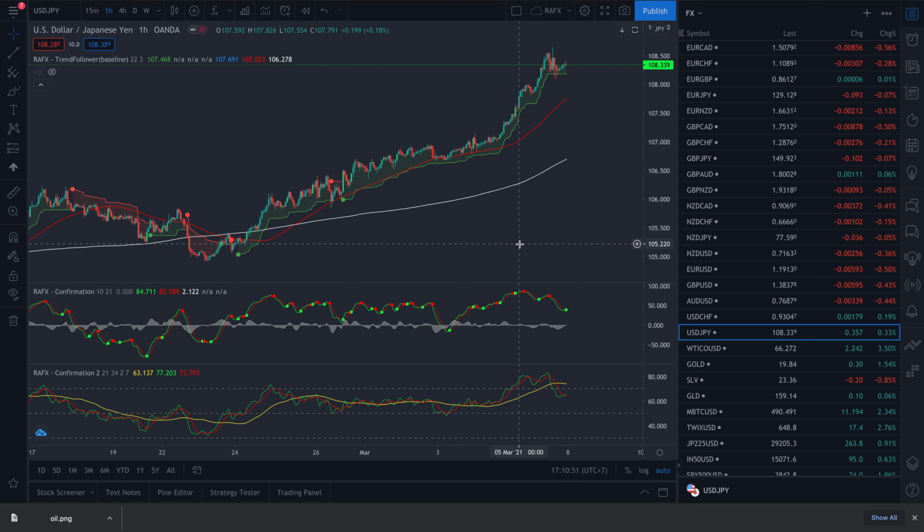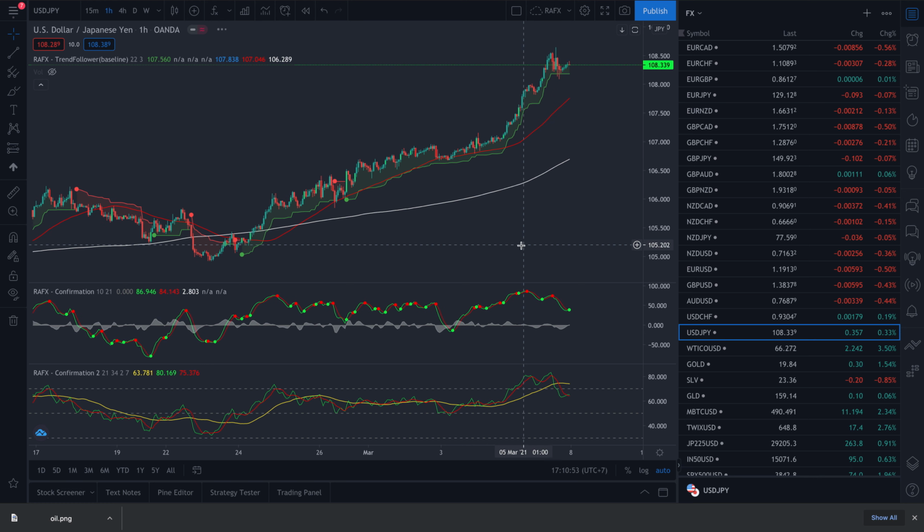But in here, same as USD CHF, it's too far from the market structure. We do have the buy here, and confirmation 2 is overbought. So we need to wait for this indicator to at least move back near the 50 level, and then get into the trade.